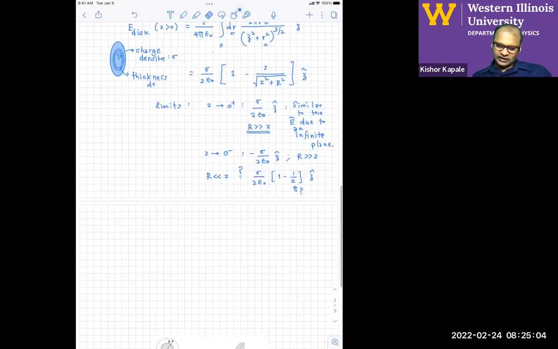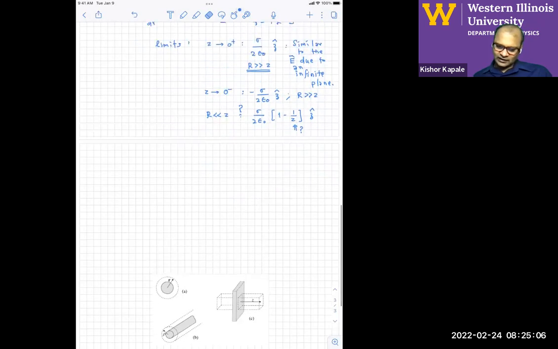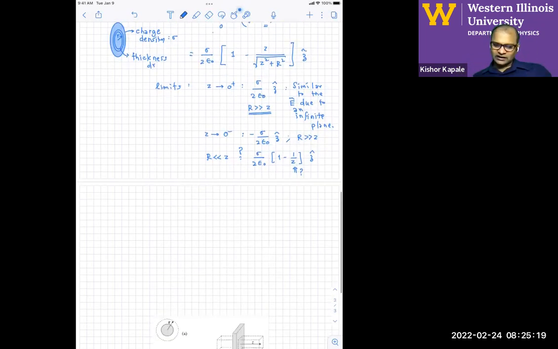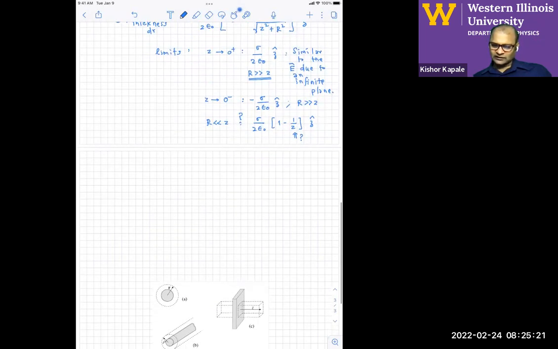The important thing is, if we make the plane infinite, which is equivalent to what we said here, if the radius of the disk is much larger than the value z at which you're trying to find the electric field, that is equivalent to saying that the plane is infinite. Which is what we say, that the answer is similar to an infinite plane.